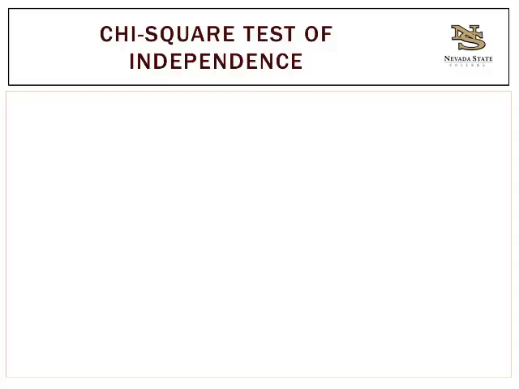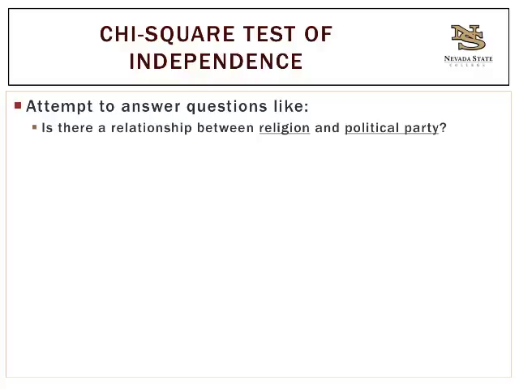So why would we run a chi-square test of independence? What kind of research question might we be asking? A chi-square test of independence is when you want to attempt to answer questions such as the following. Is there a relationship between religion and political party? Here we have 2 different variables.